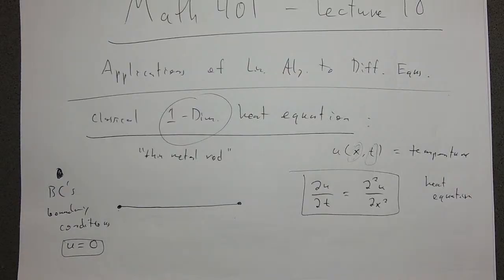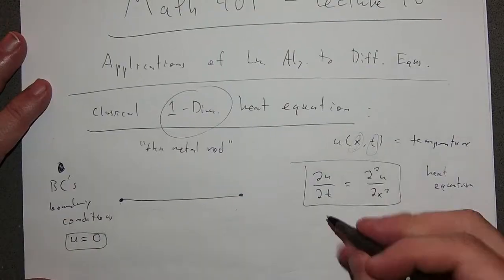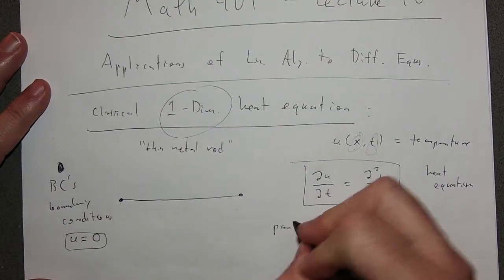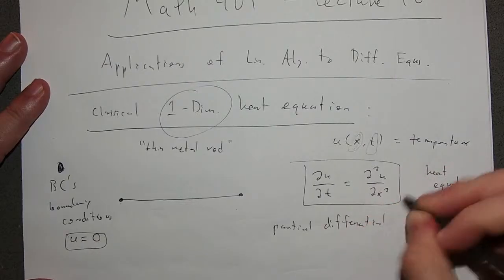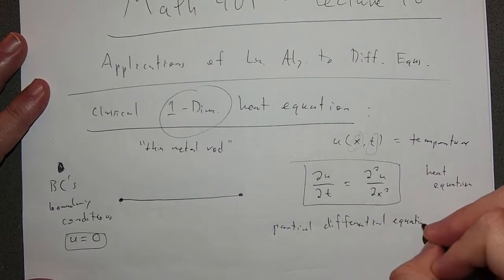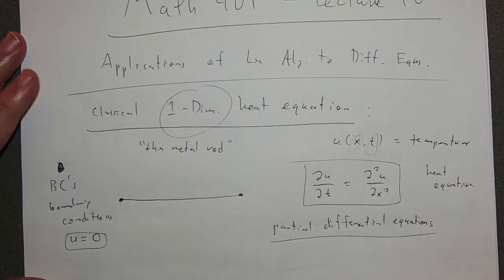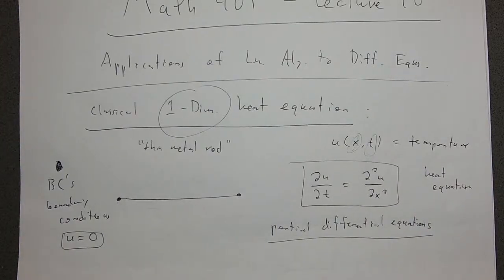I'm not going to dwell on that, because it went through pretty fast. If you haven't seen this before, what I'm doing here is we're not actually going to study this, because this is an example of a partial differential equation. And the thing about partial differential equations is that it might seem like, for instance, going from Calc 1 and Calc 2 to Calc 3, the way that you proceed from one variable to several variables is not a big deal.